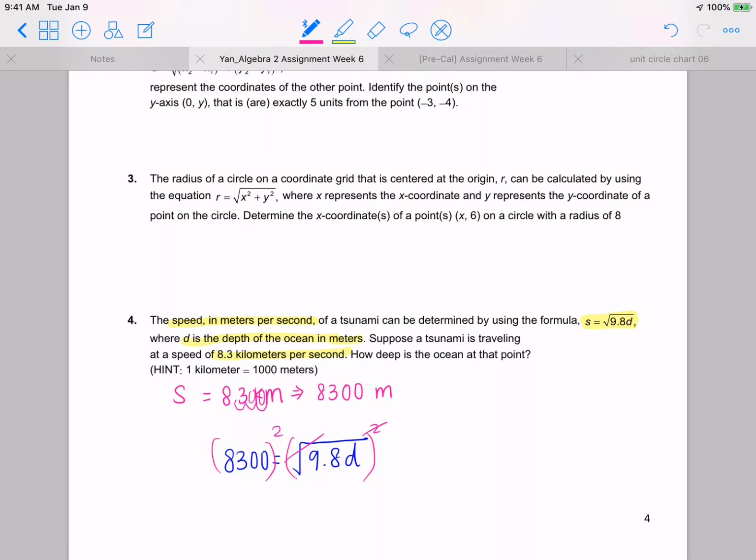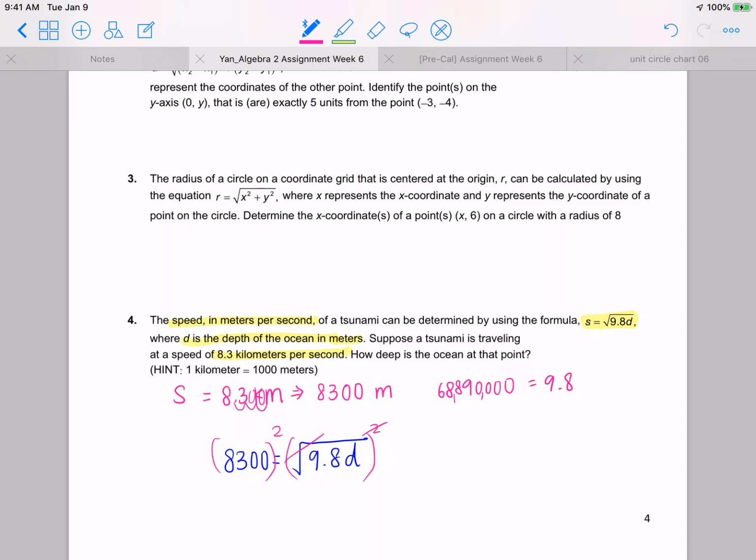Let's see what that is in our calculator. Okay, so it's 68, 89, 0, and 3 more 0s. So this number is 68,890,000. Yeah, 68,890,000. Not good at reading my numbers.